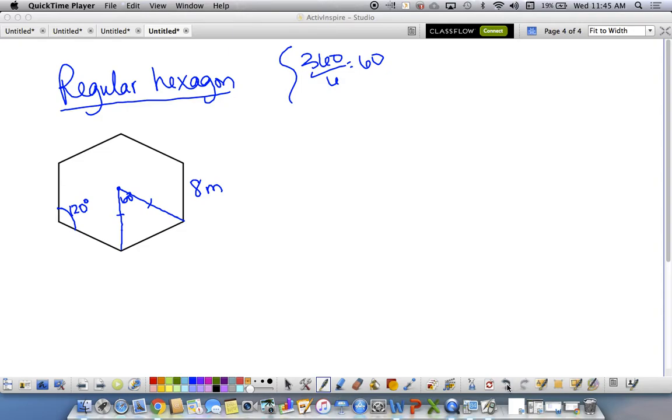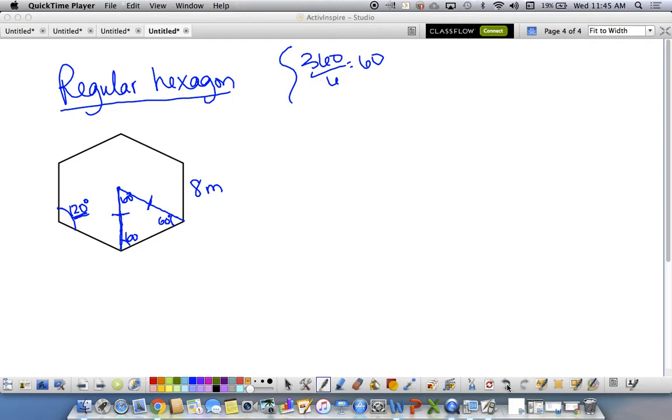Okay, now the issue is this is going to have to be the same. This is an isosceles triangle, so these 2 angles must be the same, correct? But what did I do? I cut this 120 degrees in half, right? So guess what type of triangle I have inside my regular hexagon?